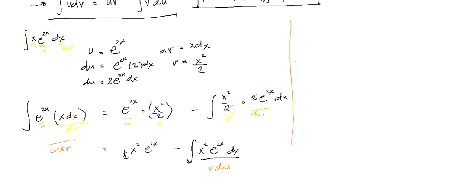If we take the derivative of u, it is du, and the derivative of x is just dx, and the integral of dv is just v. If we take the integral of this, we have e^(2x) all over 2, because the derivative of 2x is 2, so we need to divide by 2.